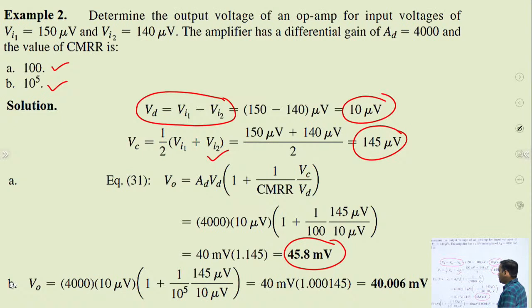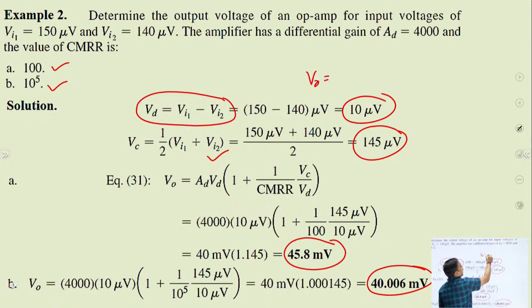But when the CMRR is high, which is 10 to the power 5, we get a result which is around 40.006. Means the output is nothing but AdVd. V naught is nearly equal to Ad multiplied by Vd, because the output contribution due to the common mode voltage is very small.